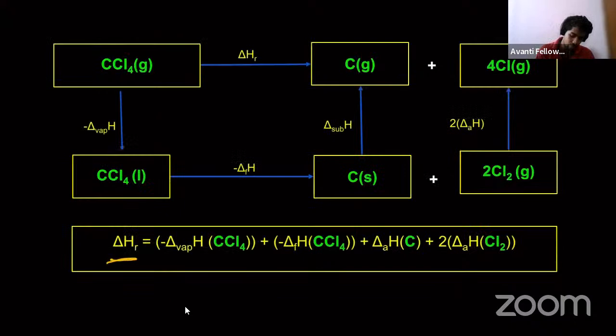What you'll get, delta H of reaction is equal to minus delta H vaporization of CCl4 plus minus delta H formation of CCl4. Why are we writing minus? The only thing is we are writing exactly the opposite of the formation reaction. That's why we have minus delta H. The enthalpy will be exactly opposite of formation. Okay, then atomization of carbon, and then 2 times atomization of chlorine, as we are breaking 2 chlorine molecules into 4 Cl atoms.